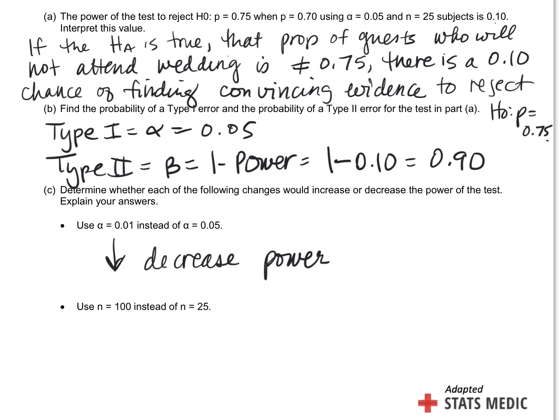That's like saying you got to have 100 eyewitnesses of a crime to convict. That's going to be really hard to do, right? It's possible, but it's really unlikely. All right, then what if we choose a sample of 100 instead of a sample of 25? Increase the power. There you go. Not so bad, eh?